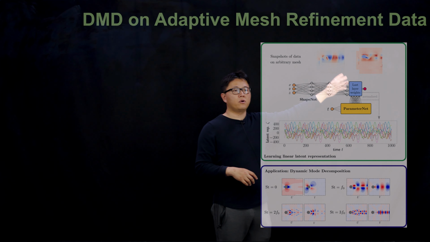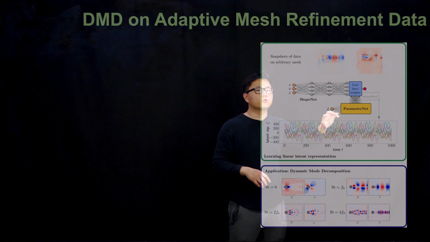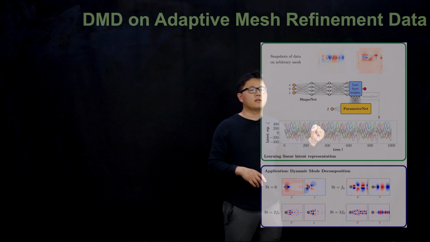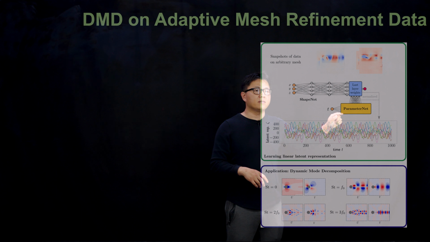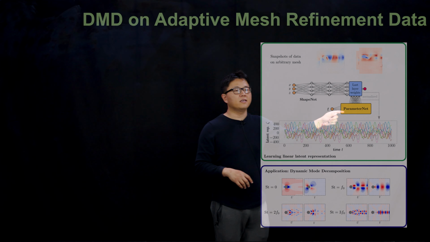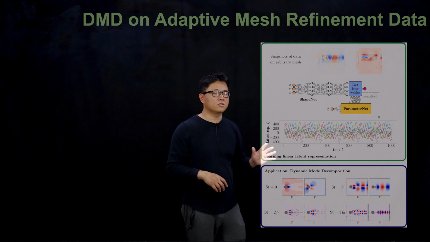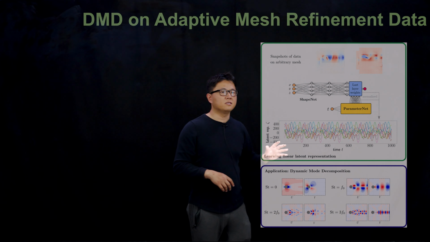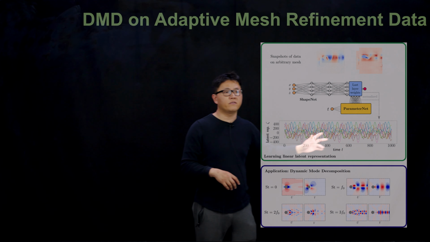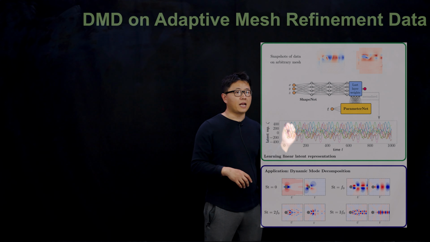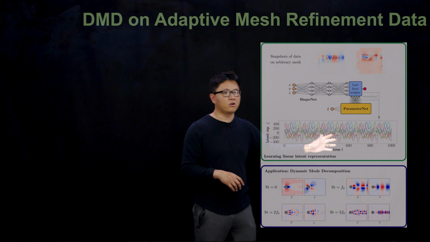Once we train this network, we extract the parameter net and evaluate it by feeding in different times t. Then you can get the so-called latent representations for this case. Basically here there are 10 beautiful curves. Then you can apply dynamic mode decomposition on these 10 different curves.